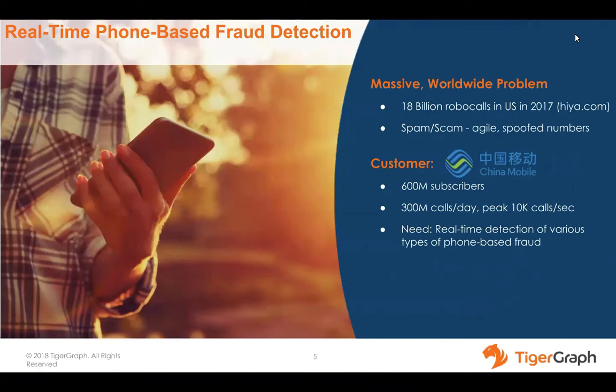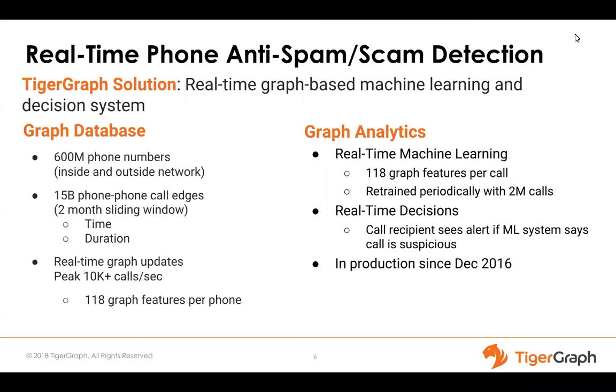So they needed something that could, in real time, that is, while a call is going through and has not even been answered yet, detect if this call is likely to be unwanted activity. We're going to look at how we went about doing this in the next slide.